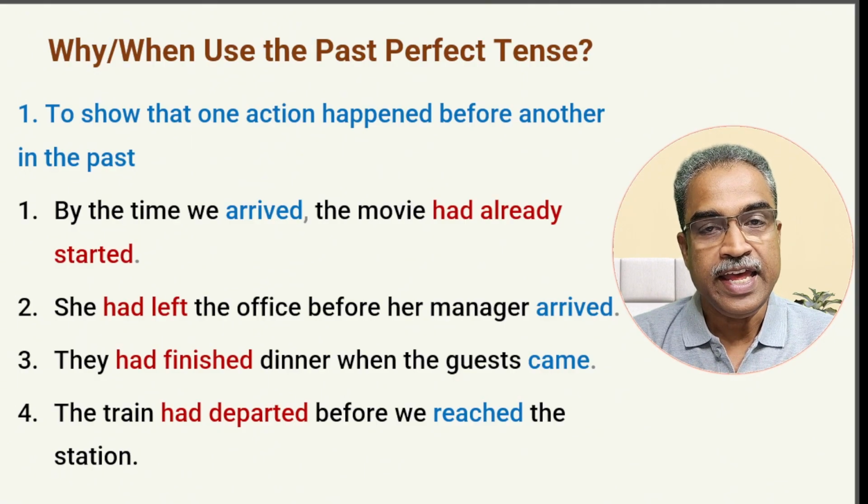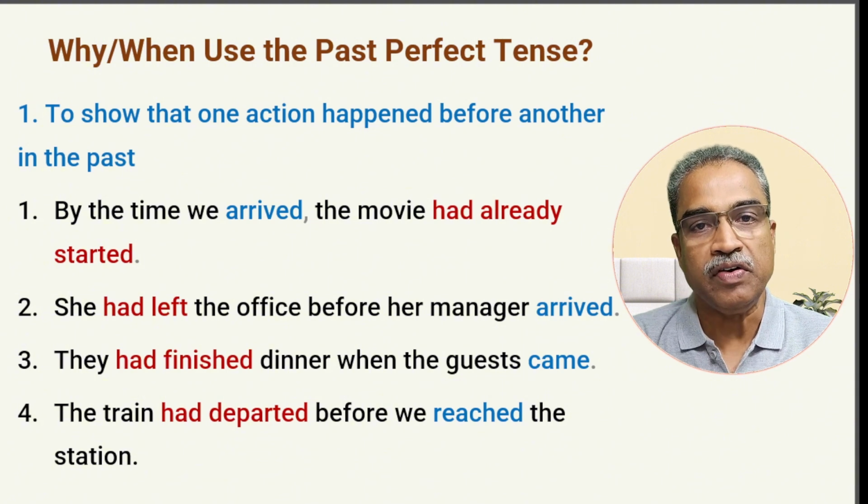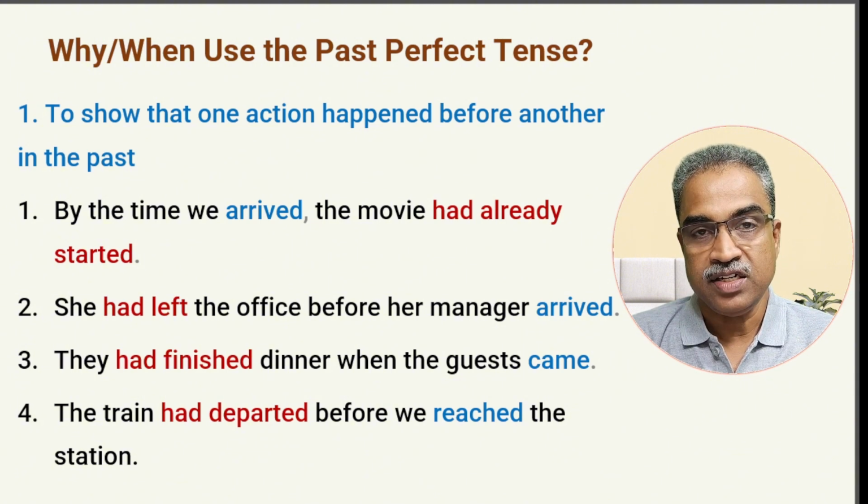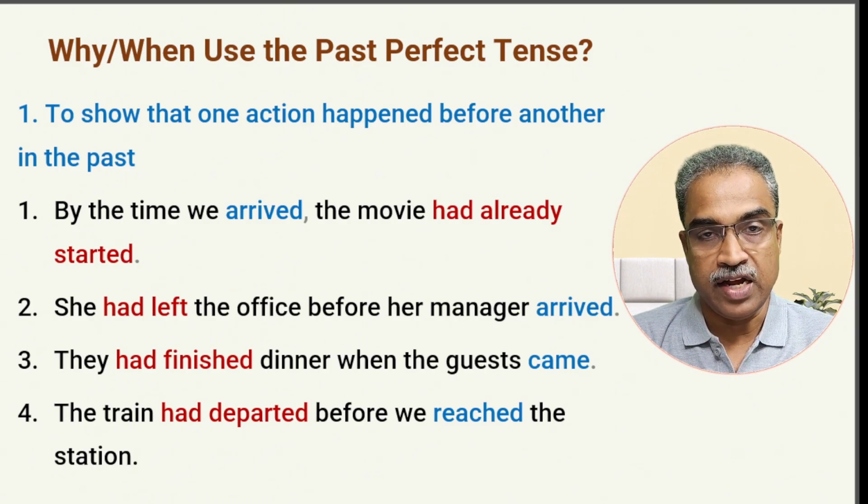So the movie, it, had. Because past perfect, we use the auxiliary verb had. Already, that's an adverb indicating something has just happened already. So the next word is started.